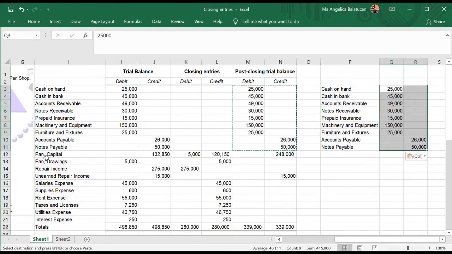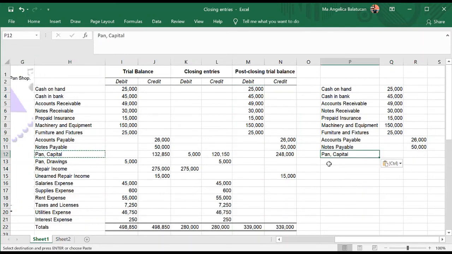And then the capital, then credit. And then we're going to sum up because of the remaining items, sorry, there's still one, unearned repair income.